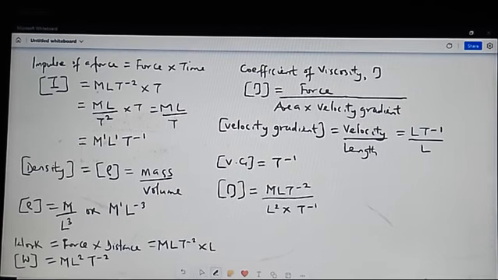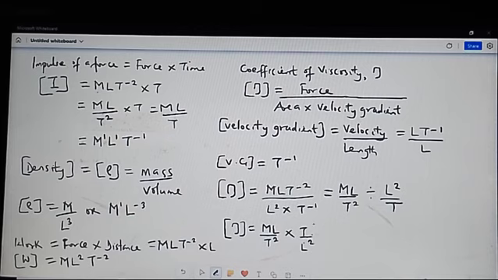We can process this further by expressing it as M L over T squared divided by L squared over T, which can be expressed as M L over T squared times T over L squared, which gives us M over T L. And so the dimension for coefficient of viscosity is M raised to power 1, L to power minus 1, T to power minus 1.